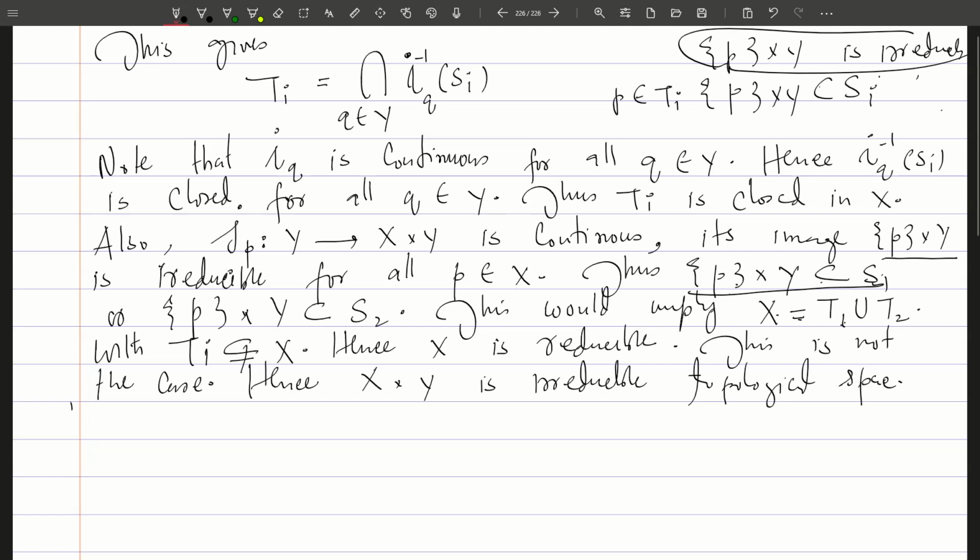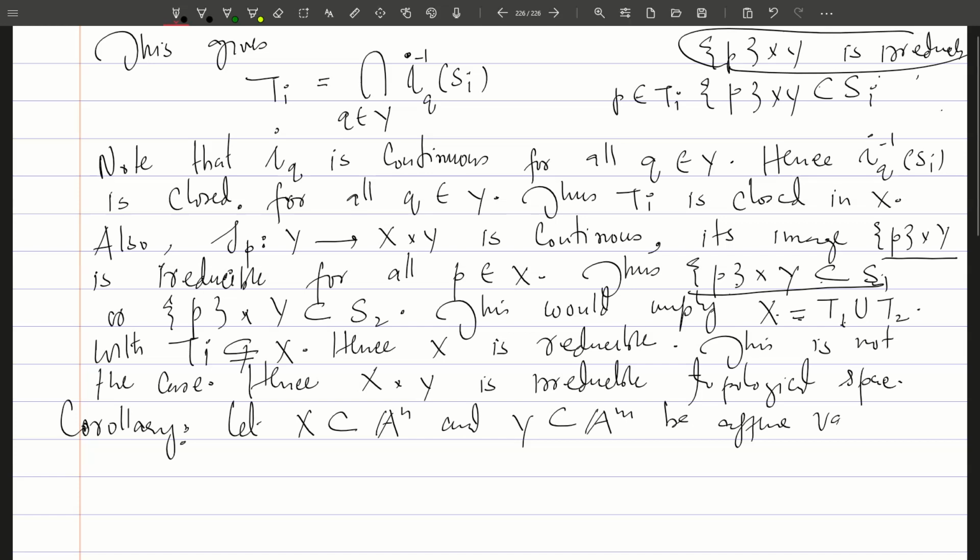Now we have a consequence of this result, which states that if X and Y are affine varieties, then the product X times Y is also an affine variety. So let X in An and Y in Am be affine varieties.